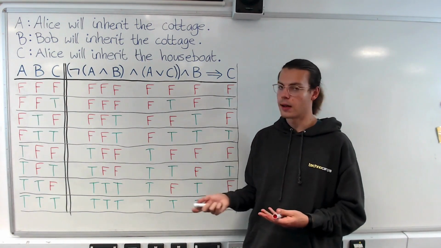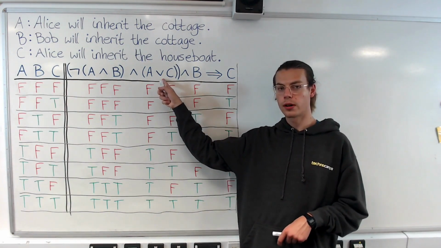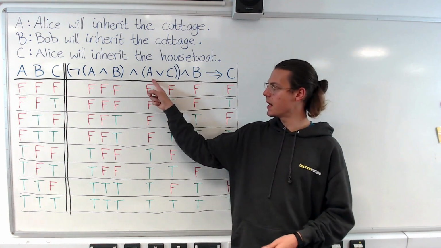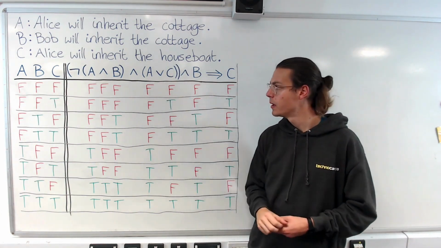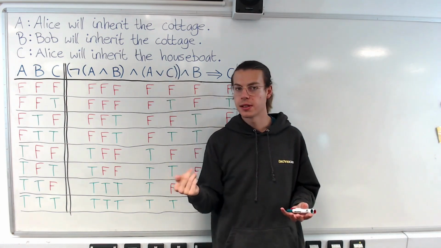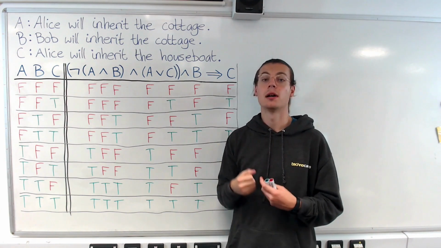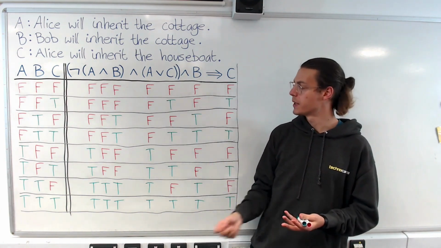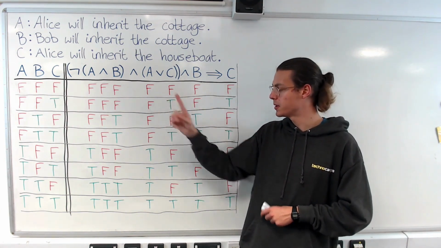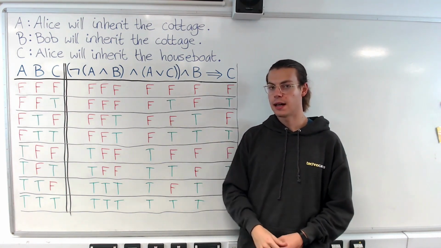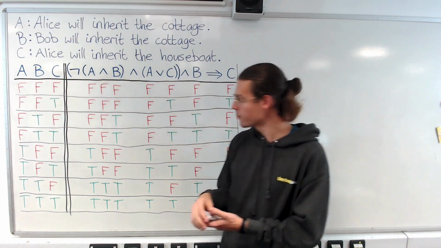Next, we can look at this OR column. This column is for the statement A or C. So this is false if A and C are both false, otherwise it's true. So in the first row it's false, and in the third row it's false, and everywhere else it's true.